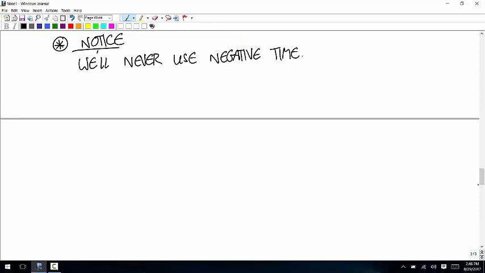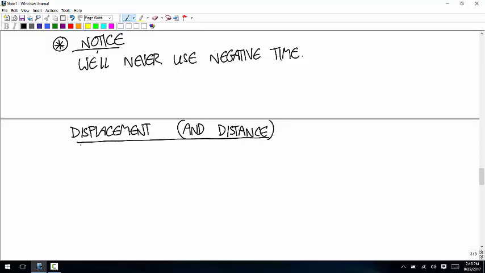Now I'm going to define displacement and distance. So let's say that we choose two instants. I'll call them T1, T2.